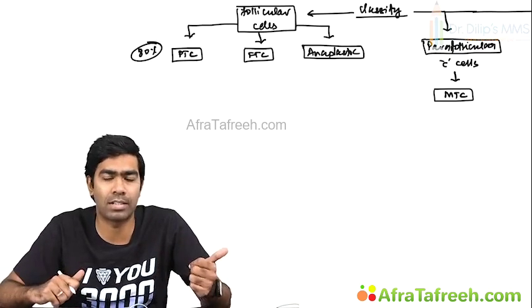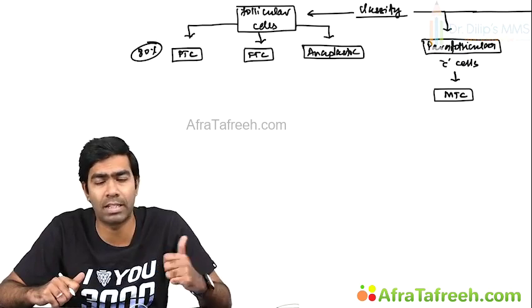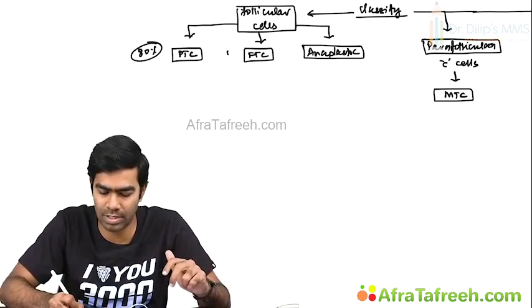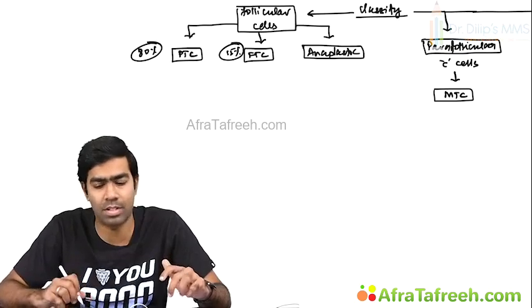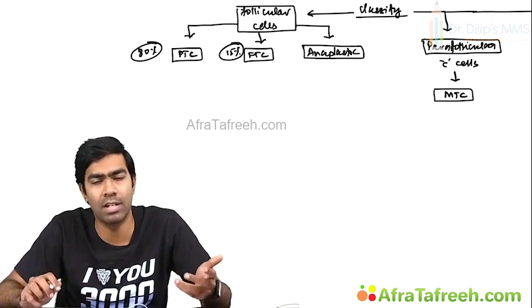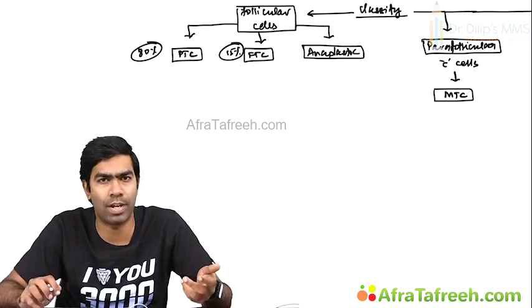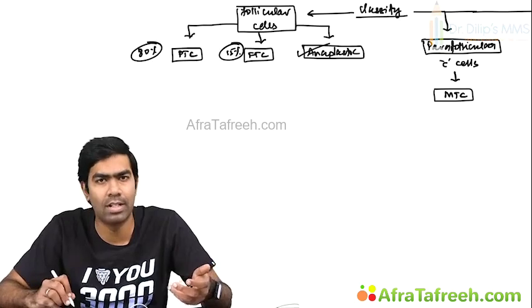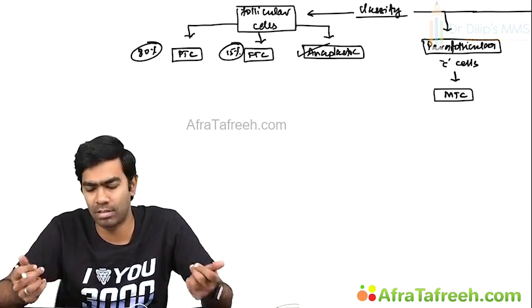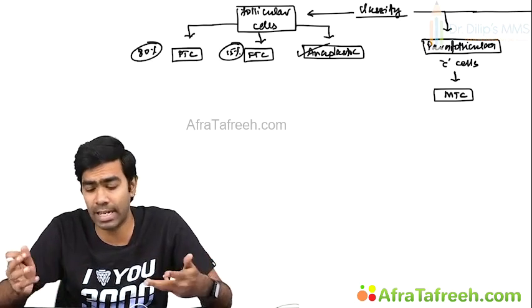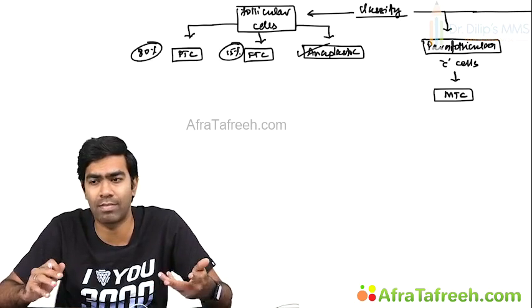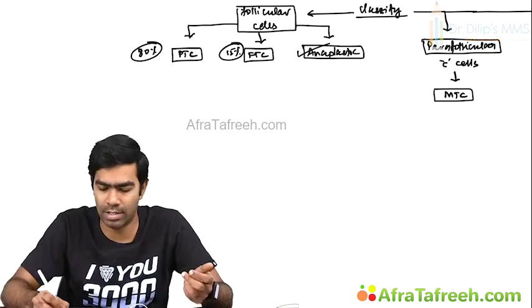But among the malignant cancers, the most common will be papillary thyroid cancer, not FTC. FTC incidence is hardly 15%, whereas anaplastic is even lesser, less than 1 to 2%. MTC is also rare, approximately around 2 to 5%. So the least common of the follicular cell related cancers is the anaplastic thyroid cancer, where you have less than 1 to 2% incidence.